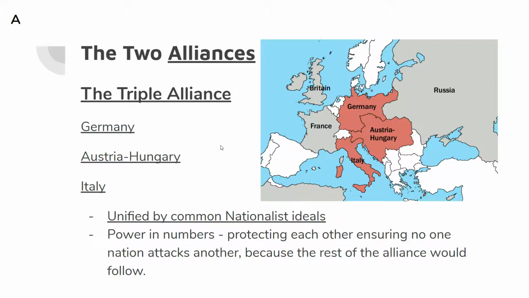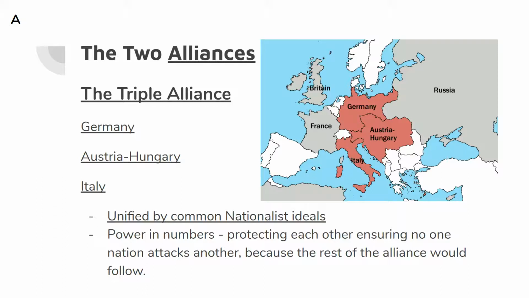They're the newest countries in Europe, that they might be seen as a target or might be seen as maybe easy pickings for these well-established countries like Britain, France, and Russia that have been around for hundreds and thousands of years. And so this power in numbers meant that they could protect each other and make sure that the rest of the countries of Europe maybe didn't want to fight them, didn't want to go to war with their entire alliance.